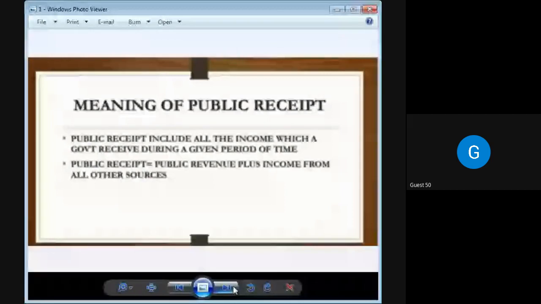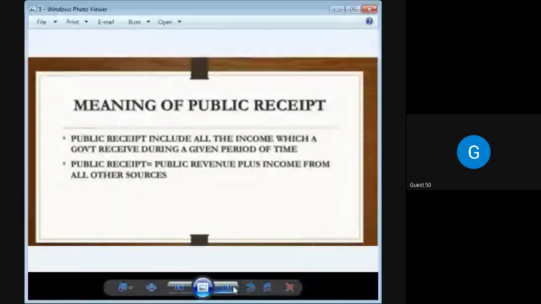What are the other sources? Like taxes, grants, gifts, administrative charges, and other sources. We will discuss them in the next slides. So when we add all public revenue and income from other sources, we get the public receipt. But remember that public receipt means the income which a government received during a given period of time, a particular time period.